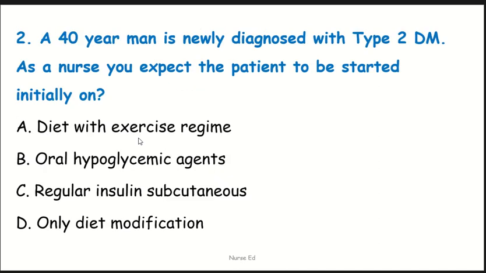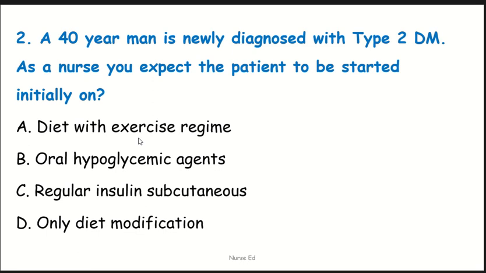Question number 2. A 40-year-old man is newly diagnosed with type 2 diabetes mellitus. As a nurse, you expect the patient to be started initially on option A, diet with exercise regime. Option B, oral hypoglycemic agents. Option C, regular insulin subcutaneous.